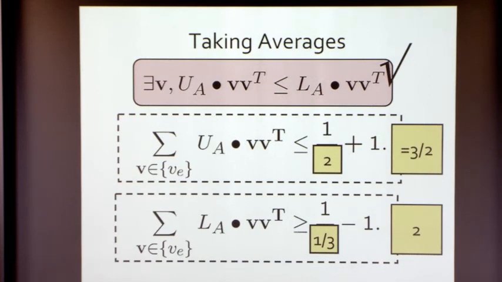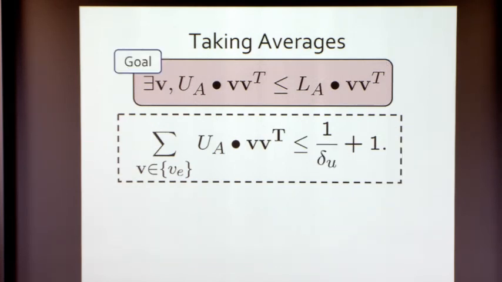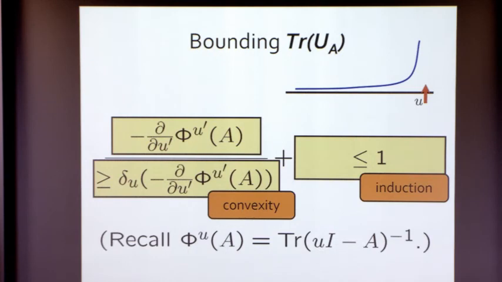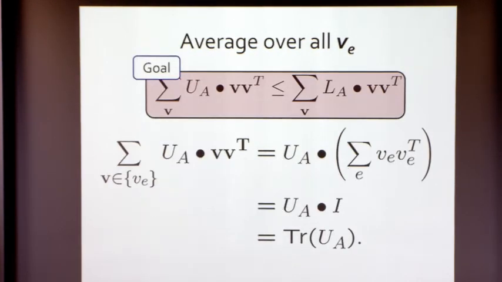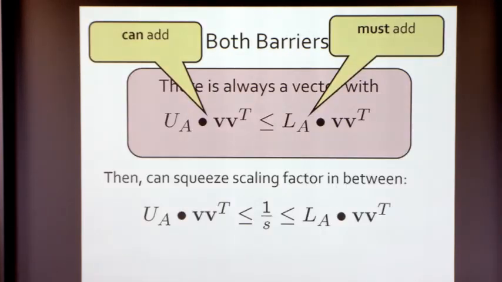These matrices UA and LA are very explicit matrices. So the algorithm is literally, at every step, you just compute these quadratic forms for every vector. There are only m vectors, and this guarantees that there exists one for which this holds. Find that one and just use that. So yeah, just exhaustive search.